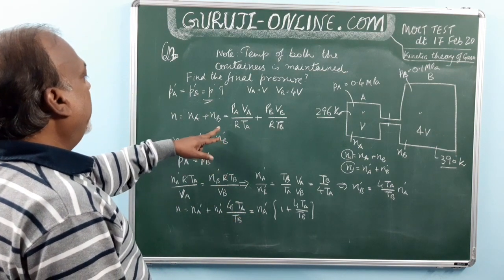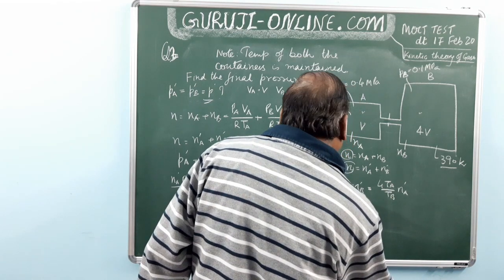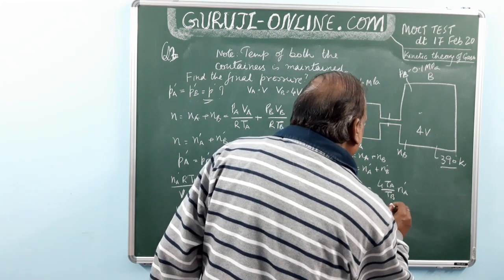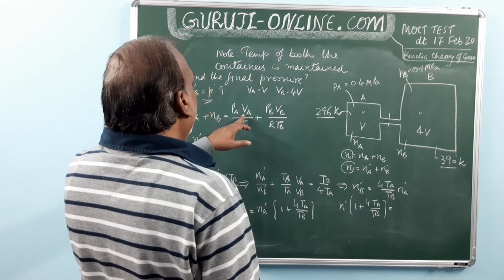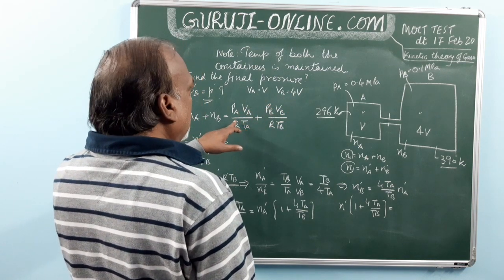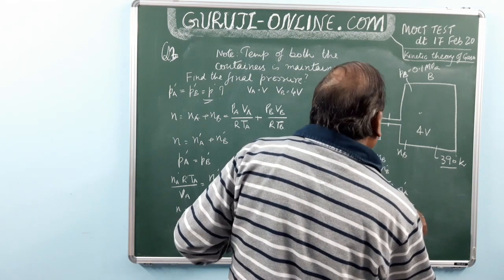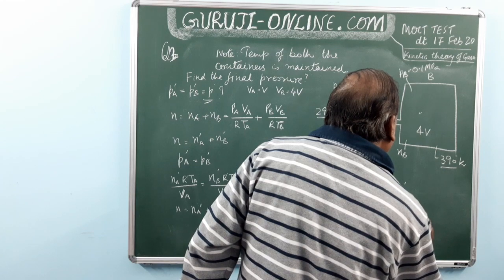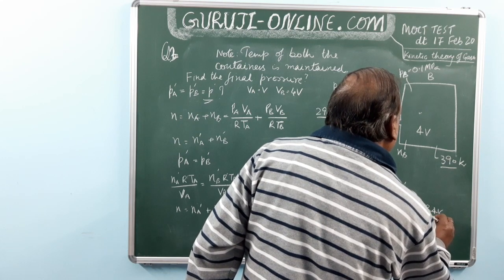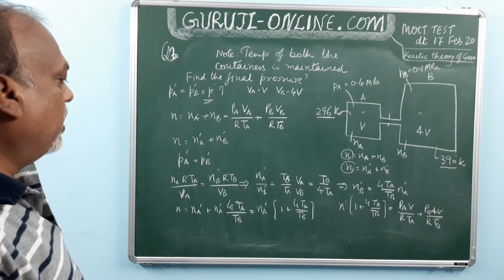This must be equal to this equation, N dash 1 plus 4 Ta upon Tb must be equal to N. We can write Va as V, and this is 4V, then Pa V upon R Ta plus Pb upon 4V upon R Tb. Then what is this?